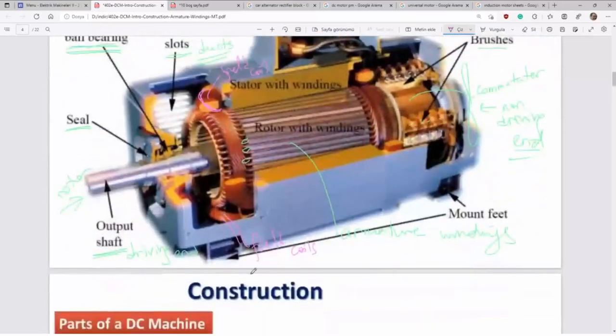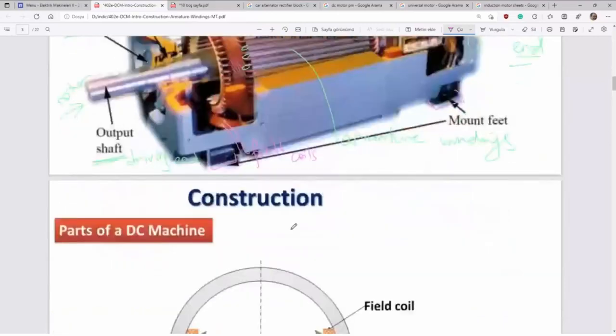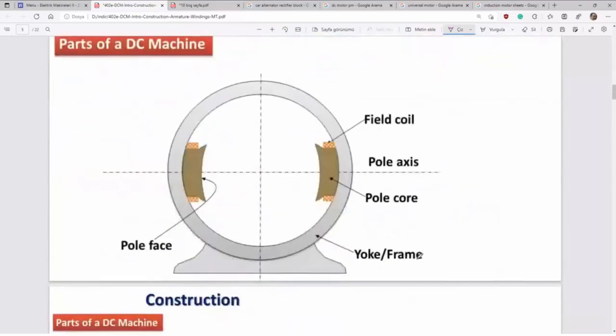Here are mounting feet. One foot is here, another foot is here. The construction. Okay. It is just opposite of what it was in synchronous machine. For example, in a practical synchronous machine, we install armature coils in stator part.